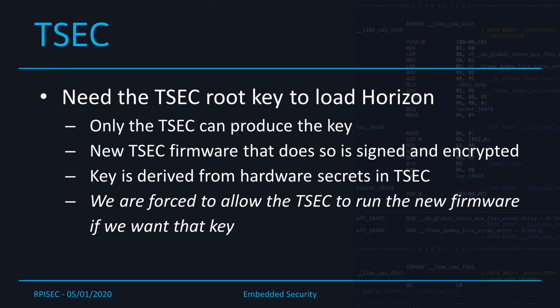You need this TSEC root key to do anything useful, basically, and only the TSEC can produce the key because it is stored in the firmware that you can't decrypt. Only the TSEC can decrypt it. So if you want to load the OS, you have to let the TSEC run its new firmware so you can get its key.